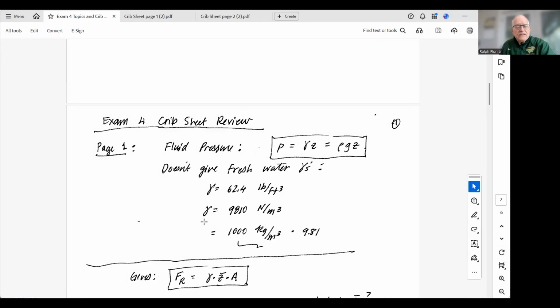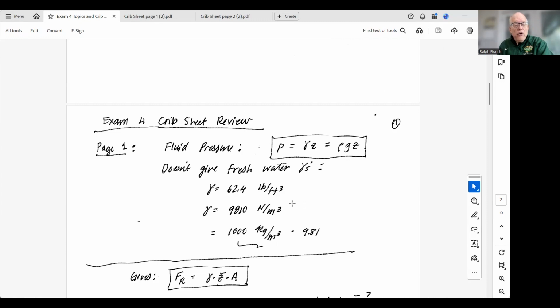In the SI system, the mass density is 1,000 kilograms per cubic meter for fresh water, and that rho times 9.81 gives you a specific weight in the SI system of 9810 newtons per cubic meter for fresh water. These are the most common numbers that you see.